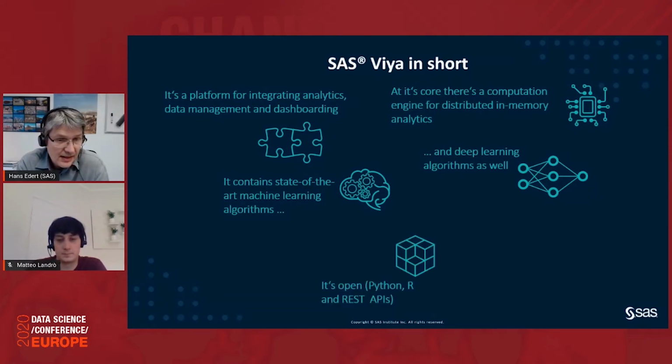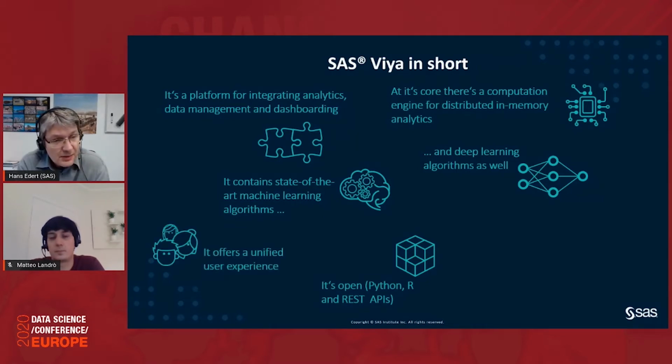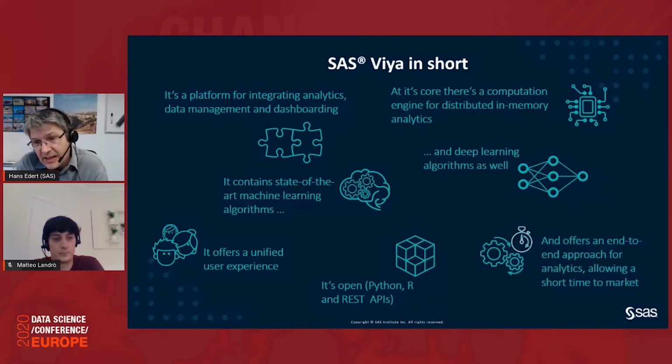We have a lot of interfaces, so the platform is open to integrate with open source and other languages and tools. But we also have our own set of visual interfaces, so we offer a unified user experience. And finally, all of that gives you an end-to-end approach for analytics, and that allows for a shorter time to market.